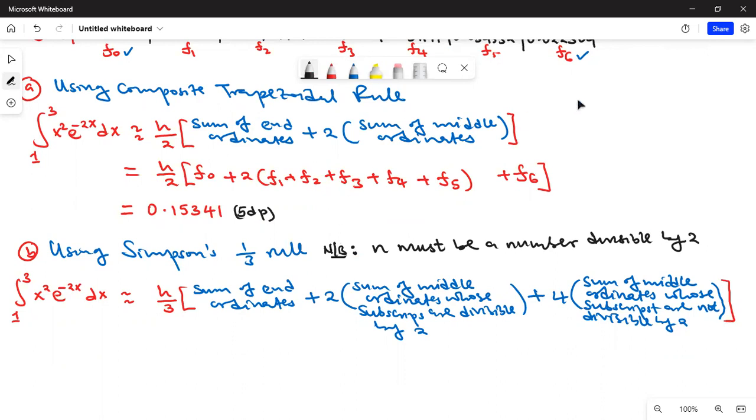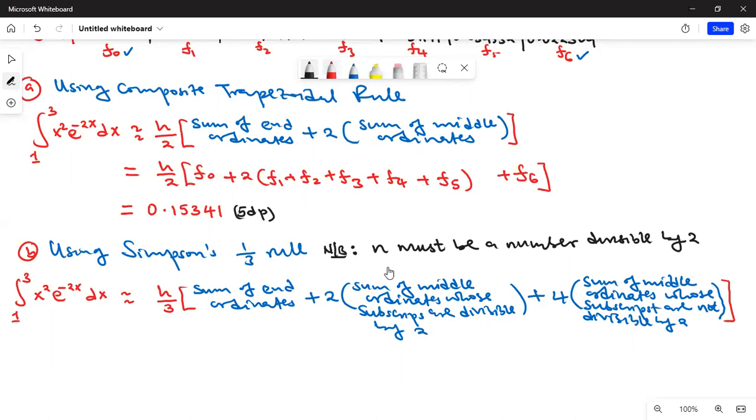Our n was 6, and so 6 is divisible by 2. If you found your n to be a number that is not divisible by 2, then you cannot use Simpson's 1/3 rule. If your n is, let's say, 5, or even 9, or even 7, those are numbers which are not divisible by 2, and so this formula cannot work in such a case. For the trapezoidal rule, there's no restriction. The restriction is in the Simpson's 1/3 rule, where n should be an even number.